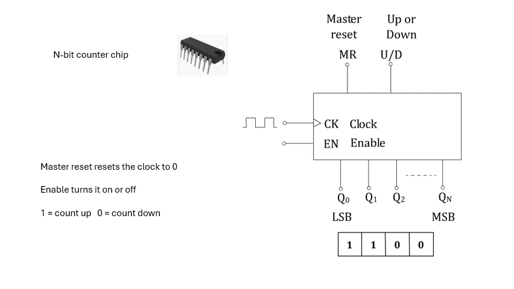Okay, so this is our first counter, an n-bit counter chip. N-bit because it might be 4-bit, it might be 8-bit, it might be 16-bit. So it's a counter chip. It counts, and it counts in binary. Now, looking at it, we've got 4 outputs. In this particular case, it says n, so you can have however many outputs it is.